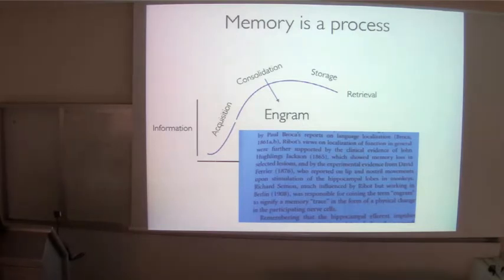So for me, a very good analogy for that is how memory works in a computer, which all of you should know. In the current computers, what you have is random access memory, which is what holds the information.